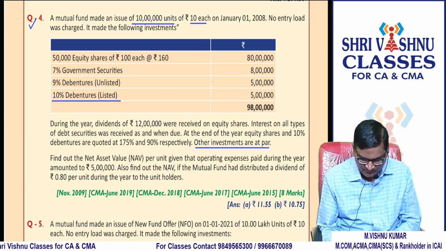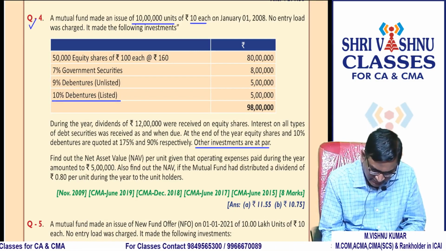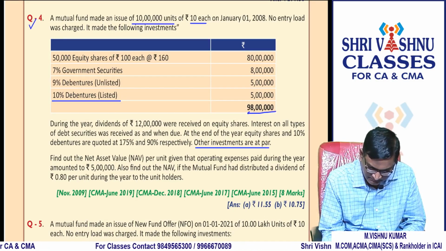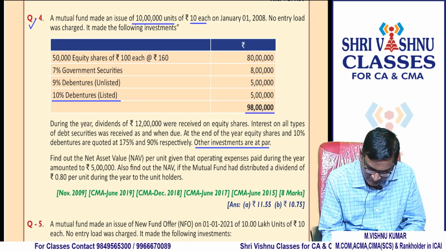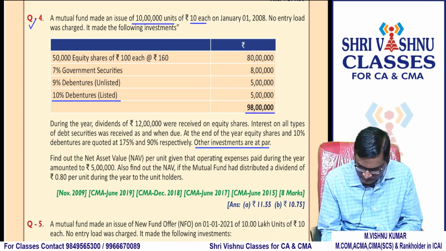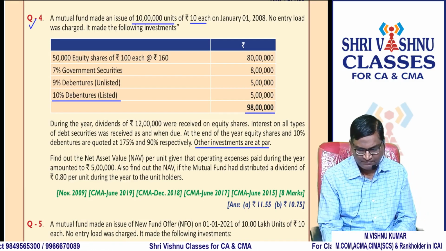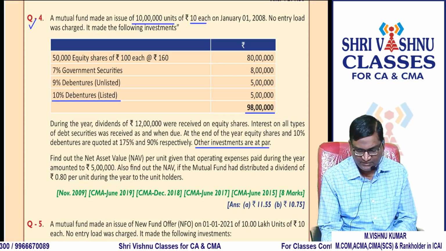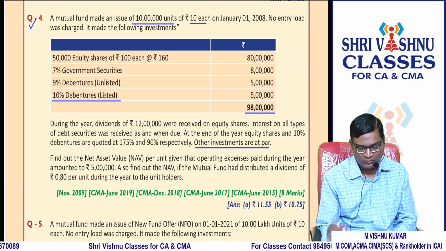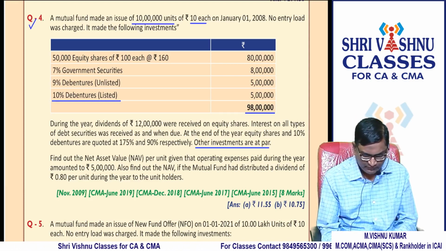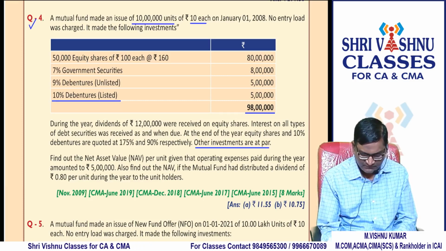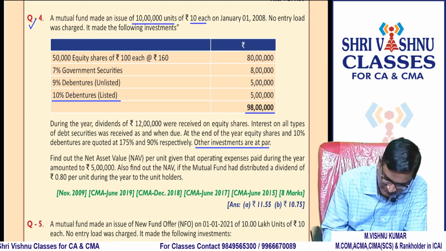From this 1 crore, 98 lakh rupees is invested. Cash balance how much? 2 lakhs. So this is also required. Understand? So 1 crore minus 98 lakh, cash balance is 2 lakhs. This is also an important calculation. Right? So we'll start now.